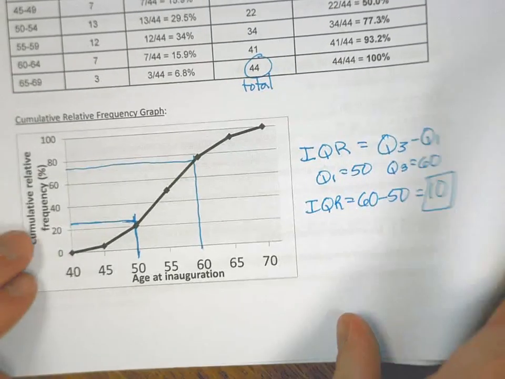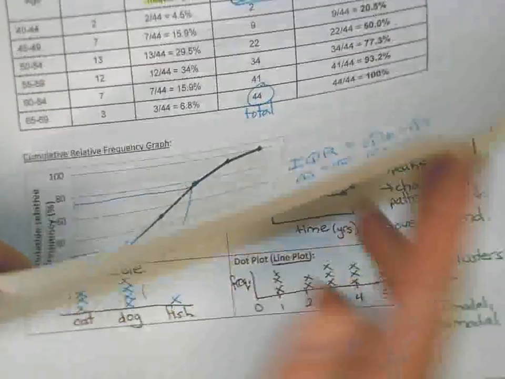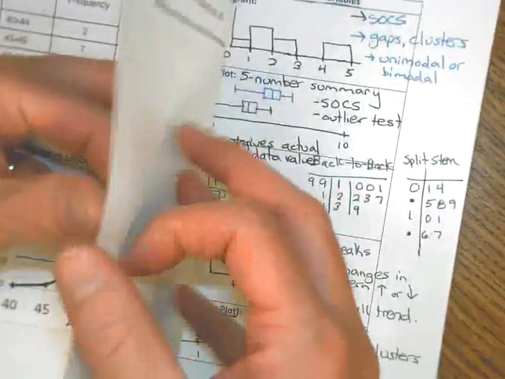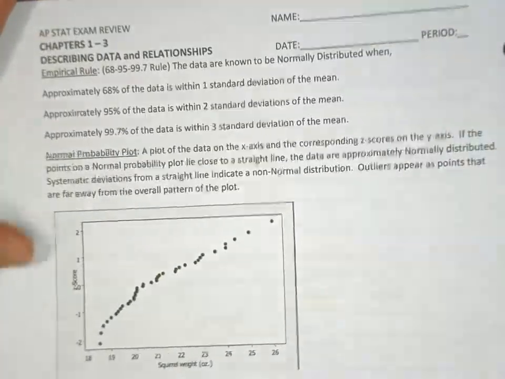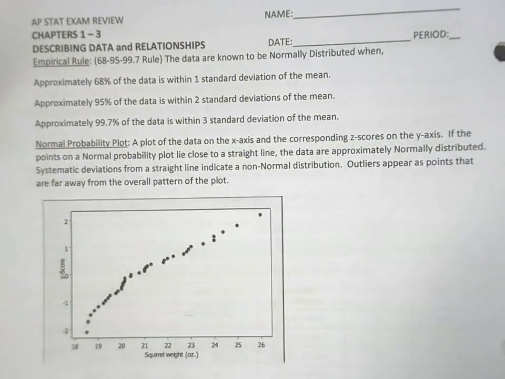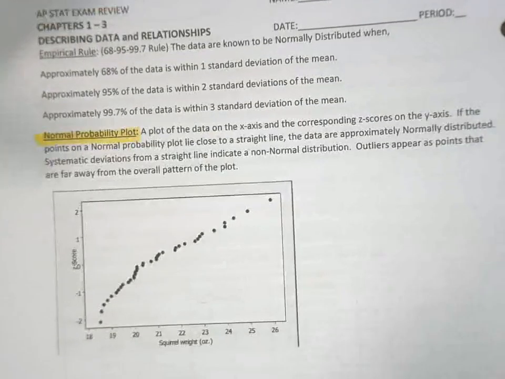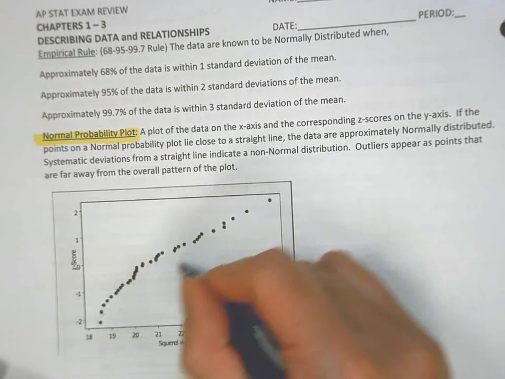On the next page, it's talking about relationships. The one plot that we don't usually talk about is the normal probability plot. If they give you one, you're just trying to see if it looks approximately symmetric.